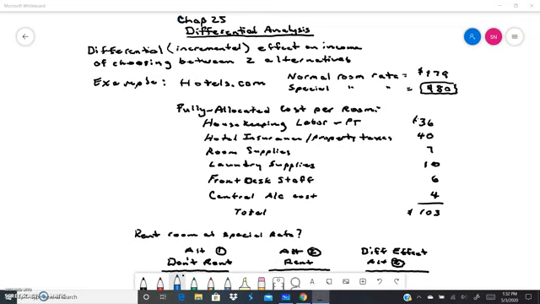It's really what's called the differential or incremental effect on income, or costs, of choosing between two alternatives. And so this method only works between two alternatives. It's not robust enough to really use between a number of alternatives.